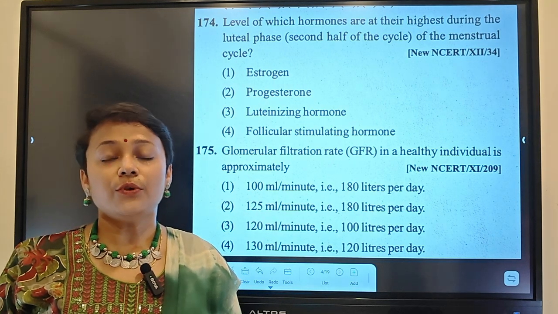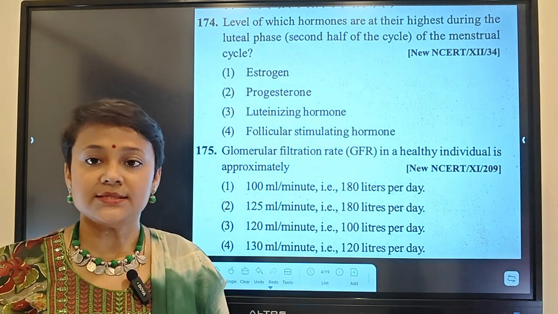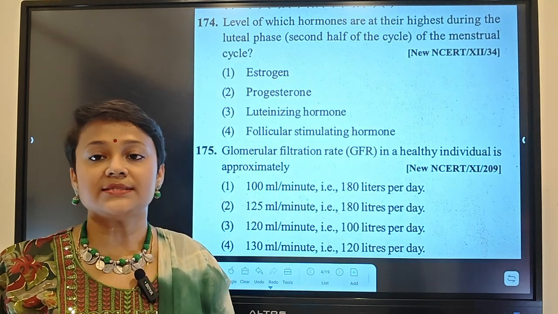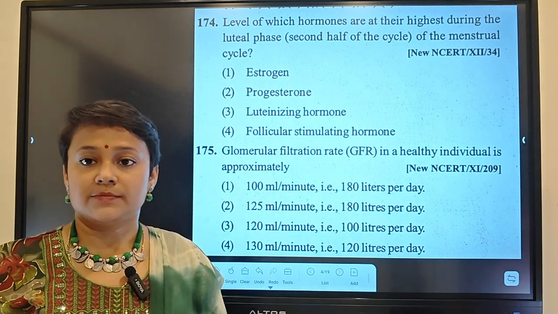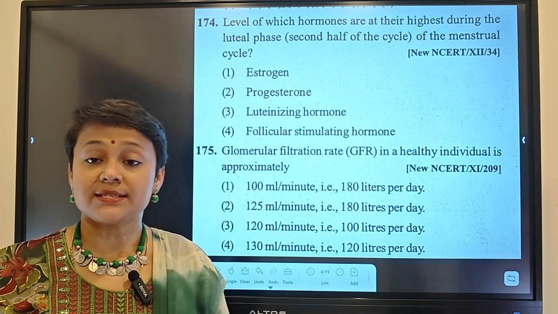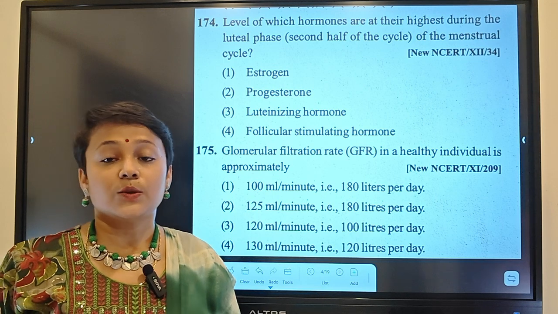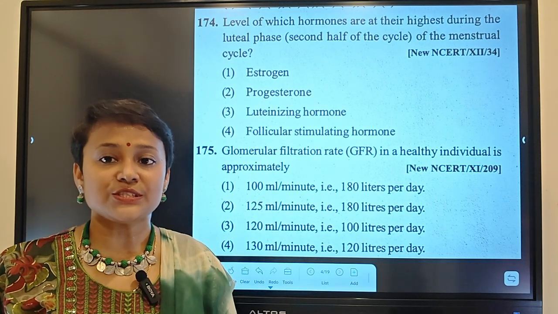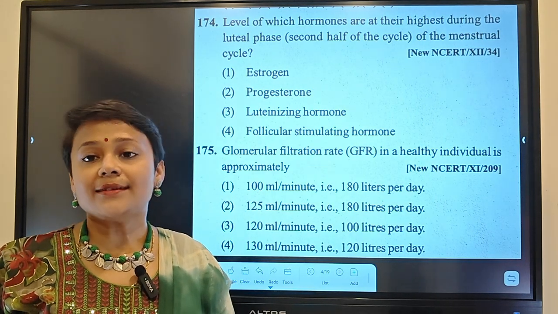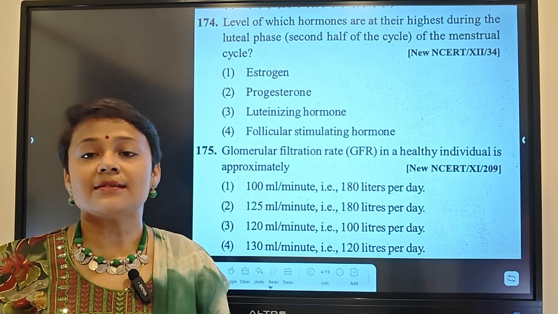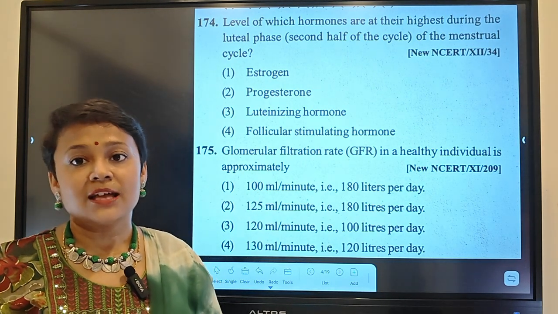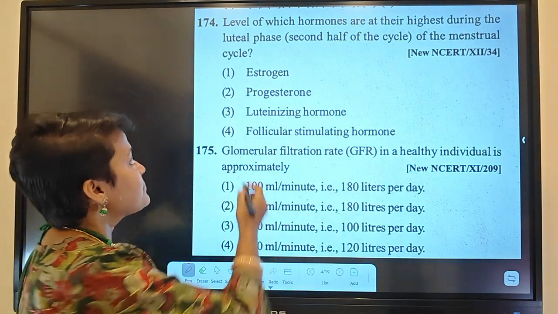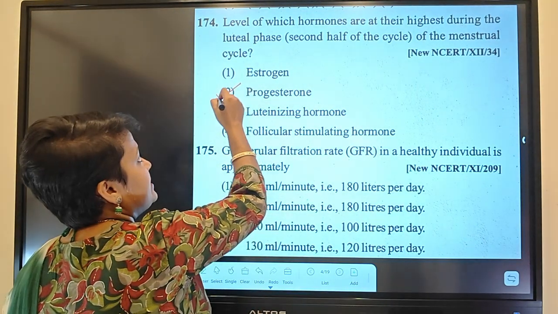But in the post-ovulatory phase, the luteal phase, the corpus luteum will secrete progesterone. Not only progesterone, remember that there will be some amount of estrogen also, but that estrogen is lesser than in the pre-ovulatory phase. That's why the answer will be progesterone, right?